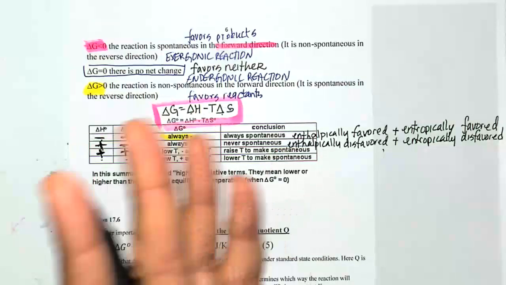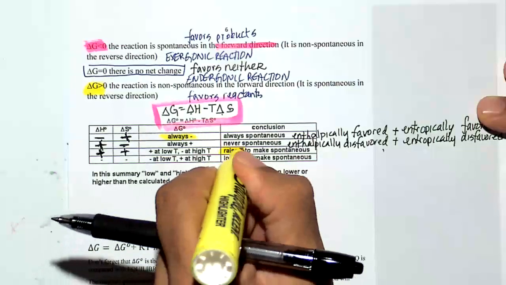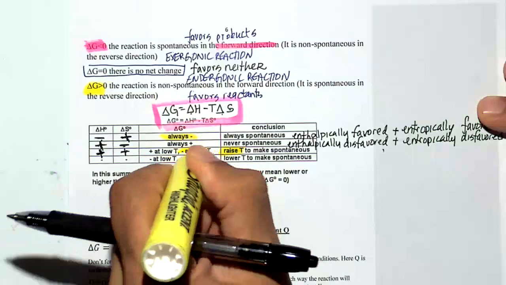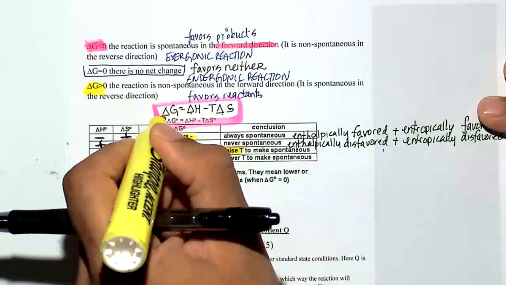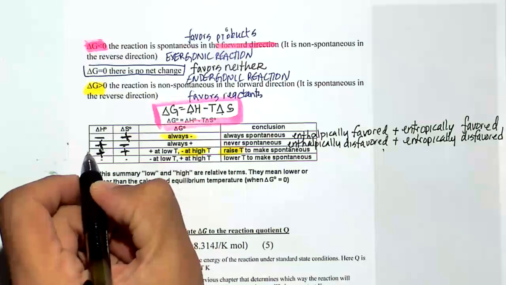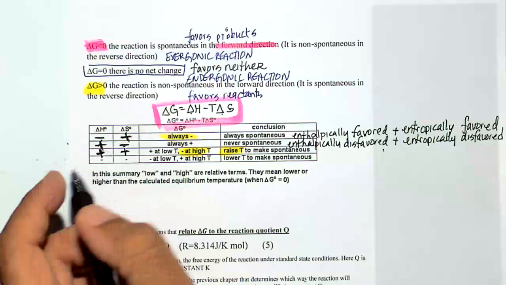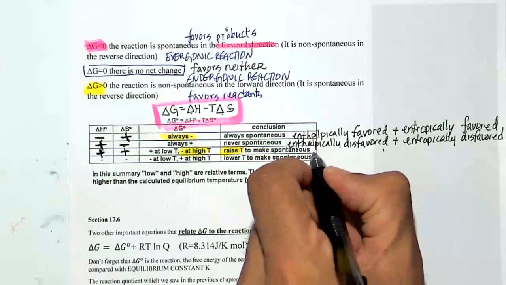So what do you do to make that reaction go to products? Okay, you're going to raise the temperature. It's only at high temperatures will you get the delta G negative. So you raise the temperature if a reaction is endothermic but spontaneous.